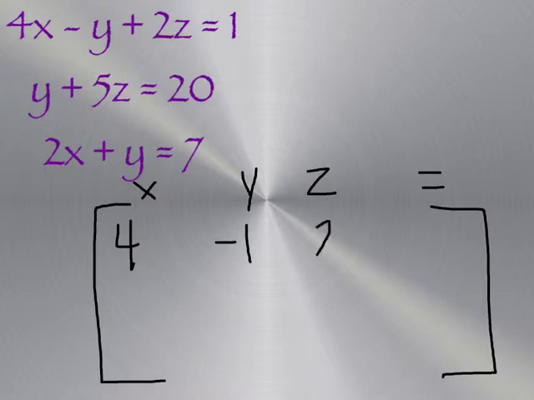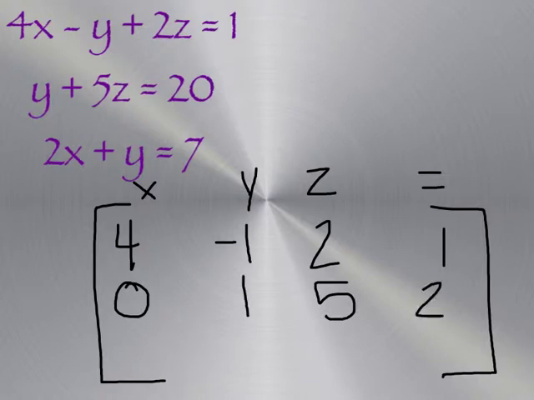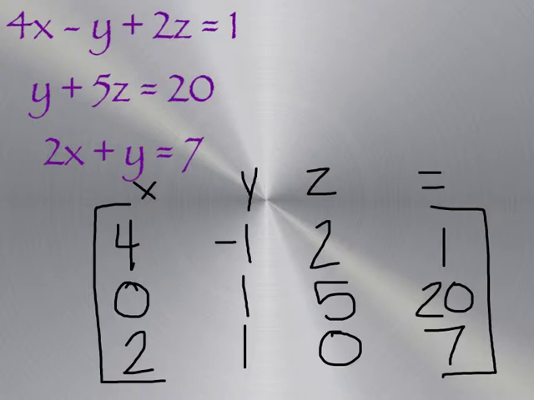Z is 2z, we just use the coefficient, and it equals 1. There is no x term for the second equation, so we'll say 0. There's a 5 for the z, a 1 for the y, and 20 for the equals. Then we have 2x, 1y, 0z, and a 7.